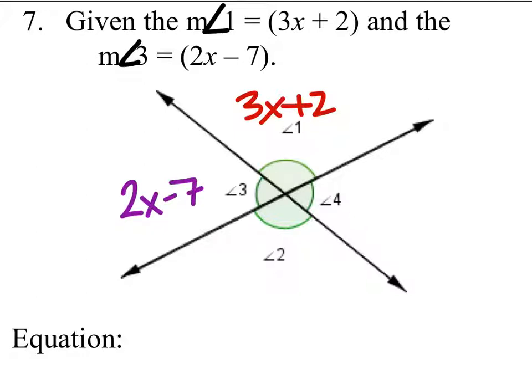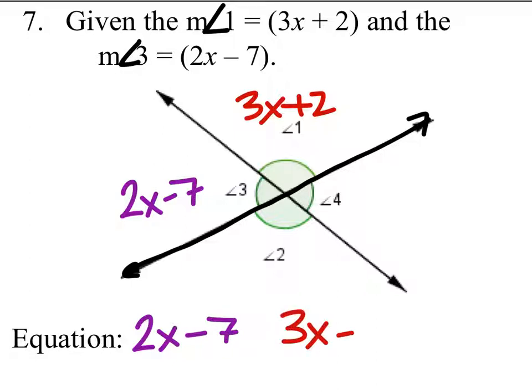The equation for this is, well, we need to notice first that this is a straight line right here. So what's the relationship between these two angles? 180, so they're supplementary, right? So I can take both of them, this 2x minus 7 and the 3x plus 2. And if I added them, I would get 180 degrees, a supplementary relationship.